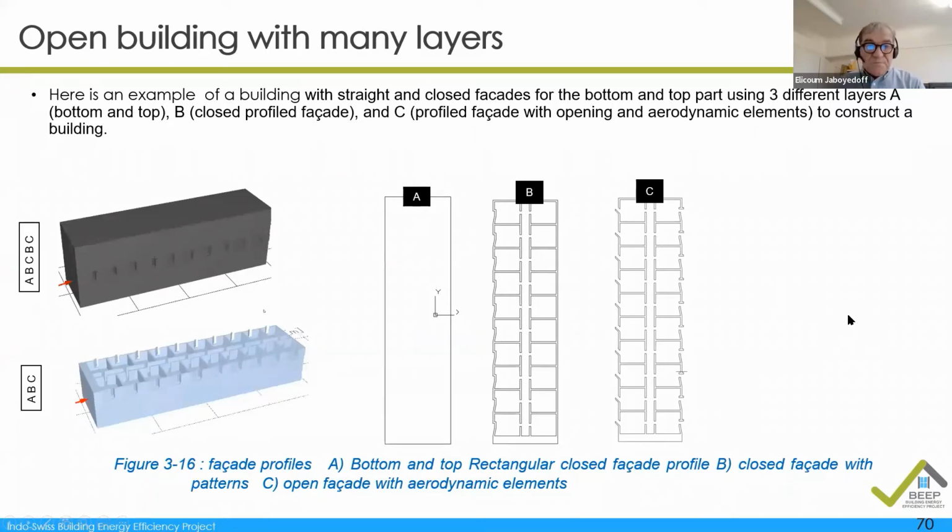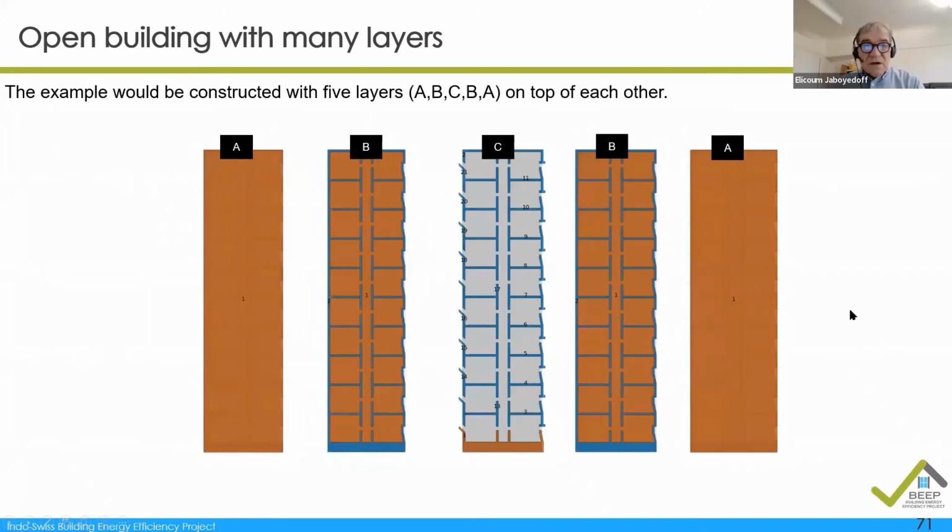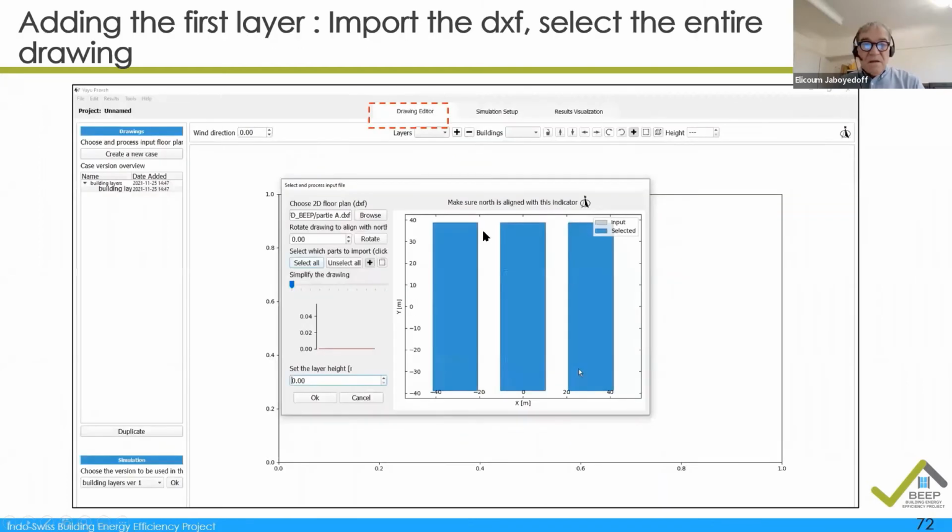And so then you can see, this is the bottom layer, this is the second layer, this is the third layer, this is the fourth layer, this is the fifth layer. When you want to add layers, you have to go in the drawing editor and add layers here, and then you can visualize that.